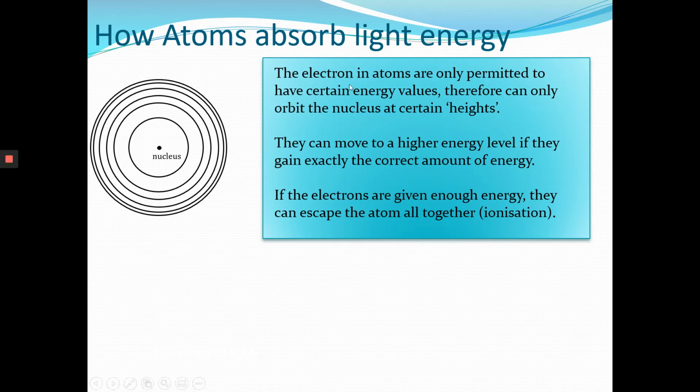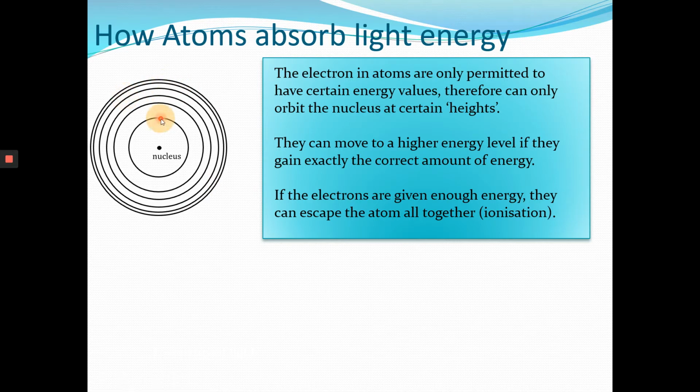So electrons have limited energy levels, and therefore orbit the nucleus at certain heights. This orbit here would have the lowest energy associated with it, the second orbit the second lowest energy, and then the outside orbit the highest energy.